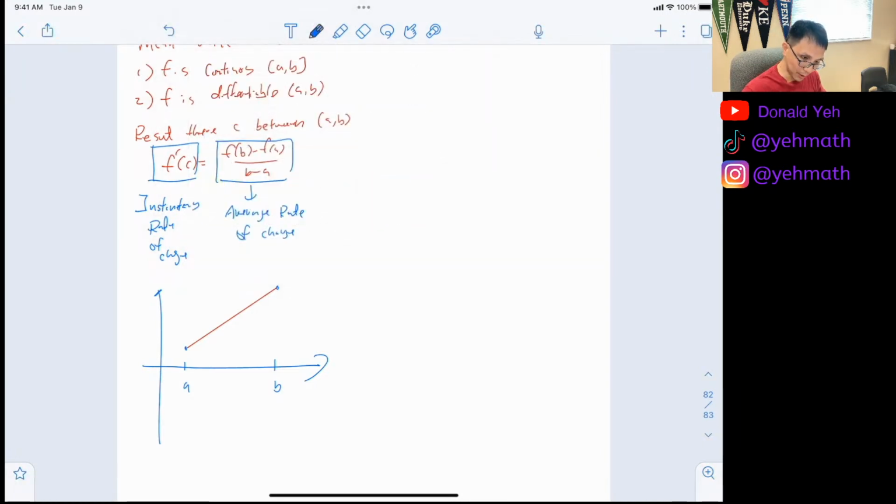If a function is continuous and differentiable, just like this, and the blue is the function, how many c values have the same slope as f of b minus f of a over b minus a? How many c satisfy the mean value theorem here? The three peaks.